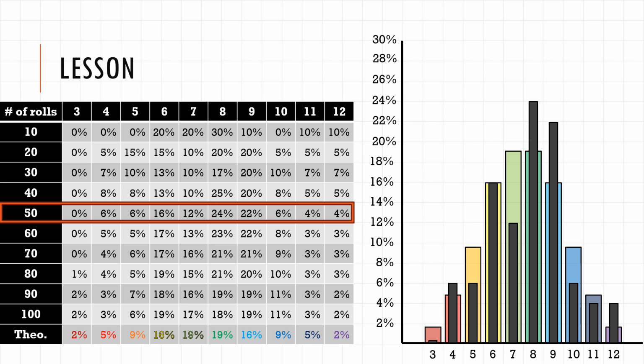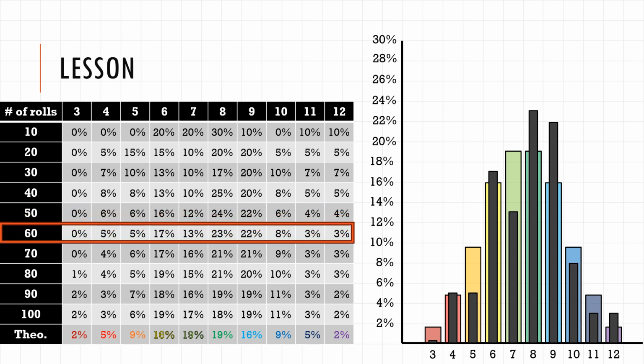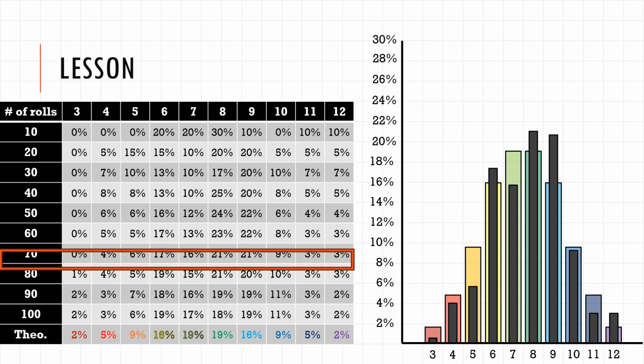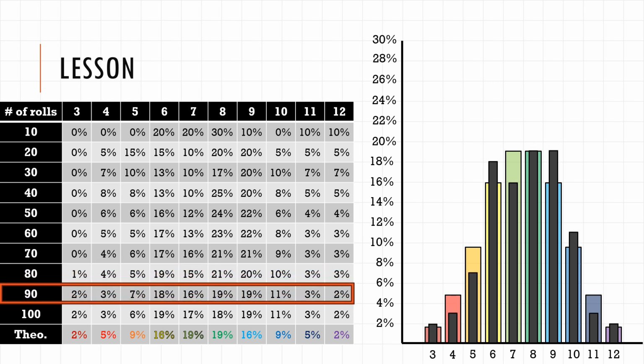That's 50 rolls. 60 rolls. 70 rolls. 80 rolls. 90 rolls.